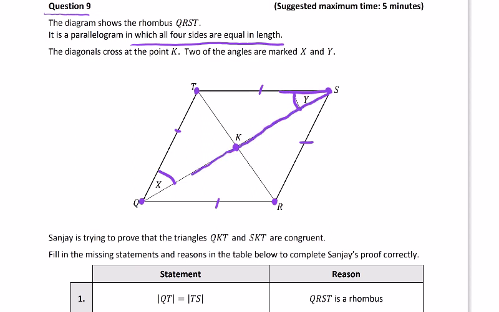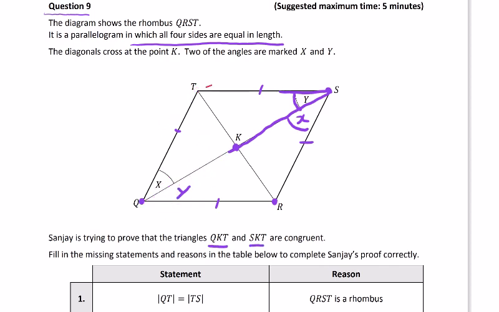So we can put a Y in here, just finish it off, and we could put an X in here. So Sanjay is trying to prove triangles QKT and SKT are congruent.